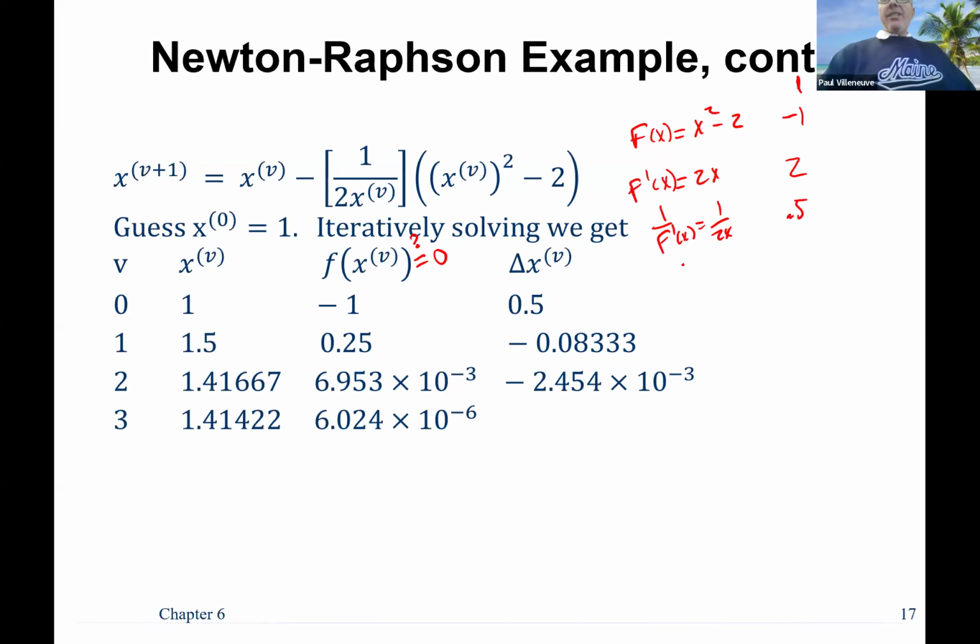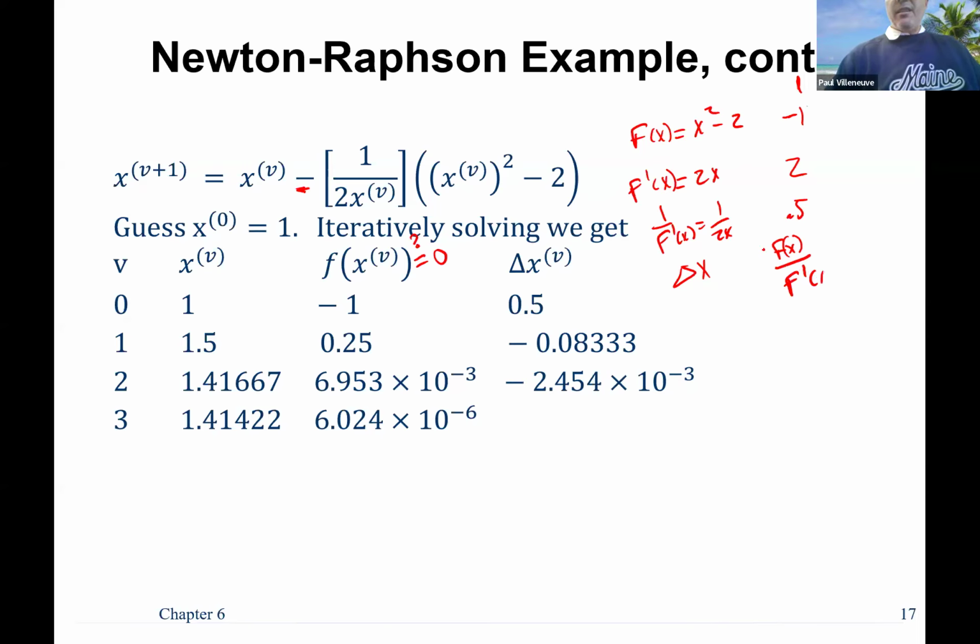Now my delta x, I'm going to go in and calculate what my delta x is going to be. My delta x is the negative of this term. So we'll call it f of x times 1 over f prime of x, I should say. So let me just write it this way. And it's the negative of that.